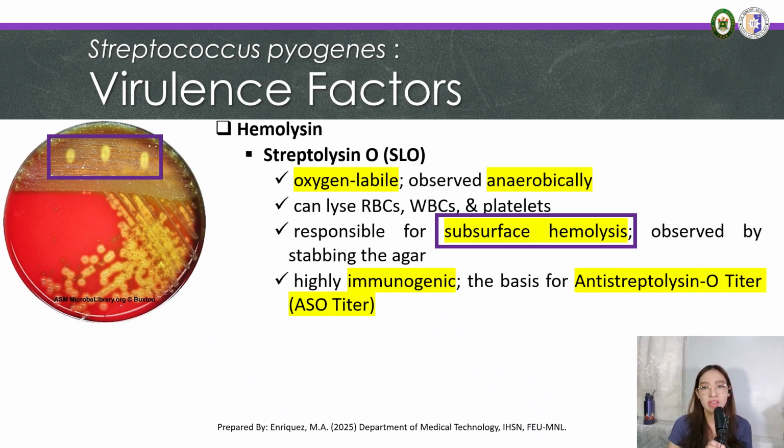Okay? So in this case, we were able to observe subsurface hemolysis dahil dito sa mga areas kung saan hindi na sila abot ng oxygen, they were still capable of showing beta hemolysis. Diba? So again, that is referred to as the subsurface hemolysis that it has been produced by streptolysin O. All right. So ayan po.